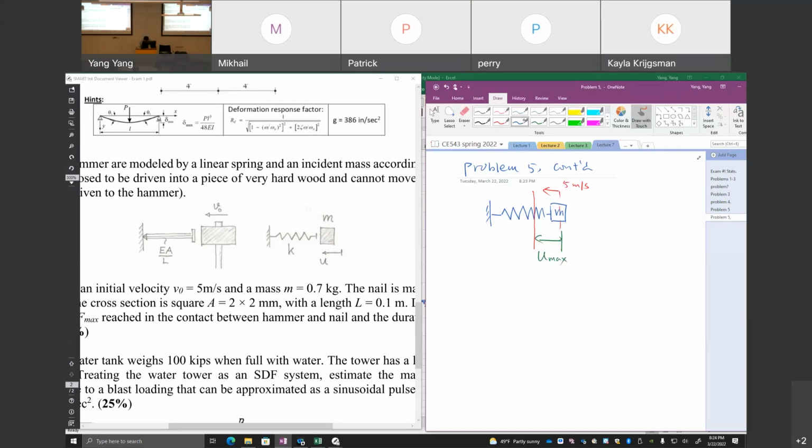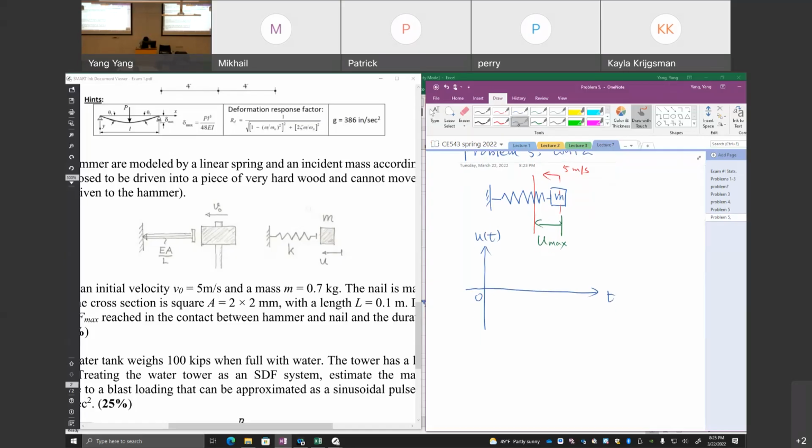So actually, we can draw it, it's a sine curve. So that is the response of the nail.